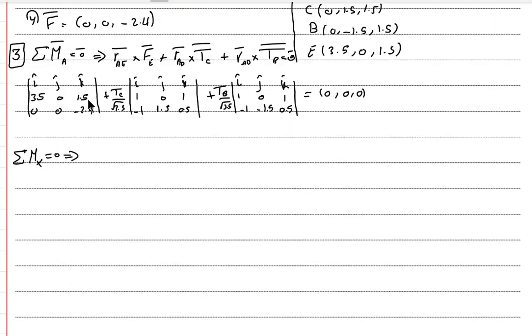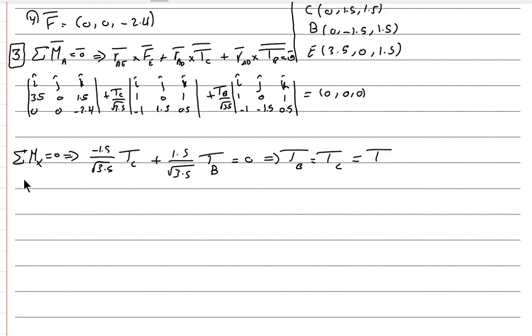Sigma mx equals 0, which means 0 minus 0 here, and then 0 minus 1.5, negative 1.5 over root 3.5 TC, and then we cancel this and this, 0 minus minus, it will be plus 1.5 over root 3.5 TB, which is also 0 here, which means that they have the same tension. TB is equal to TC, let them be T.